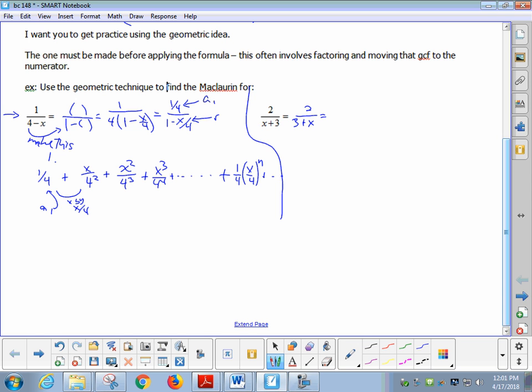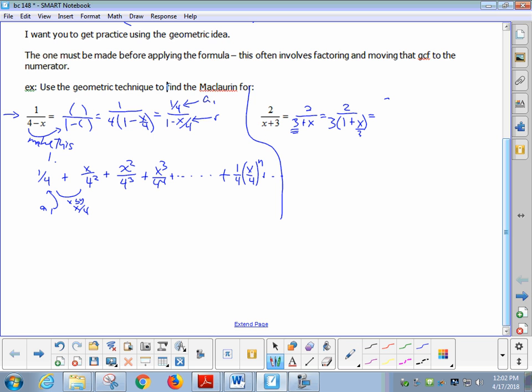Make it 1. Okay, so how do I make that 1? Actually, I'll do it slowly. Factor out a 3, leaving me with 1 plus x over 3. X over 3, good call.